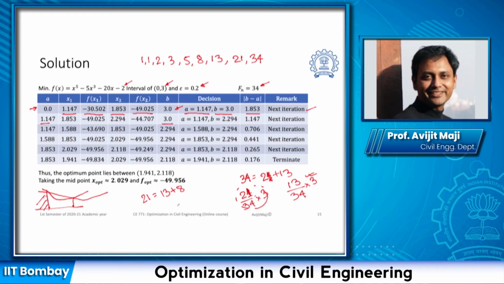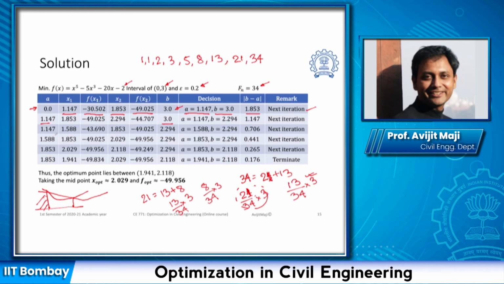So the next point is going to be 13 by 34 times 3 and 8 by 34 times 3 from the new boundary, the lower boundary and the upper boundary.